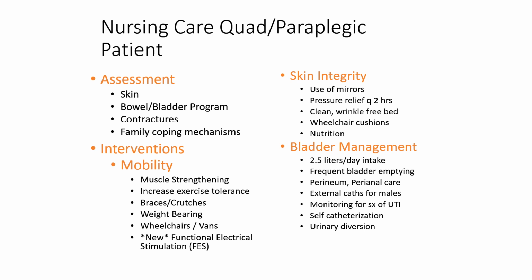We may be able to teach the patients to catheterize themselves. And worst case scenario, if the patient had perhaps very bad skin breakdown or a wound that needed to heal, they might need a urinary diversion such as a urostomy or an ileal conduit, but I would think that we would try everything possible before we got to that point.